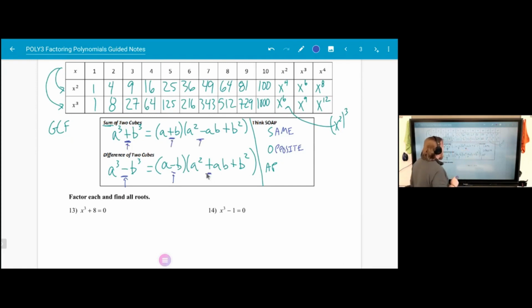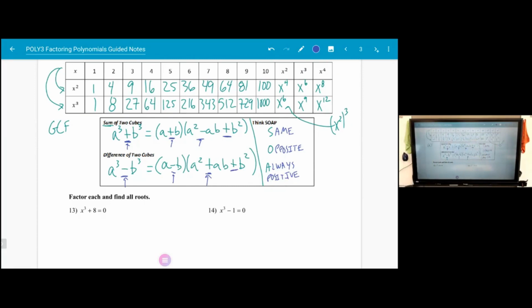Opposite would be plus ab. And the last one is AP. It's always together, always positive. Because you'll notice that no matter if it's sum or difference of 2 cubes, it's always positive with the b squared, plus b squared.